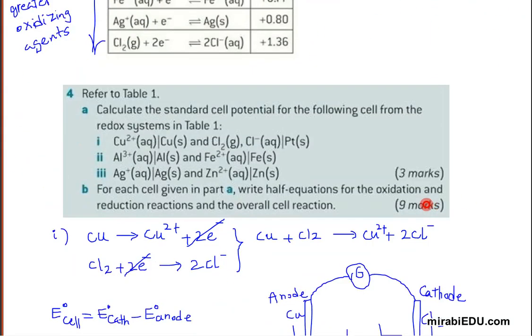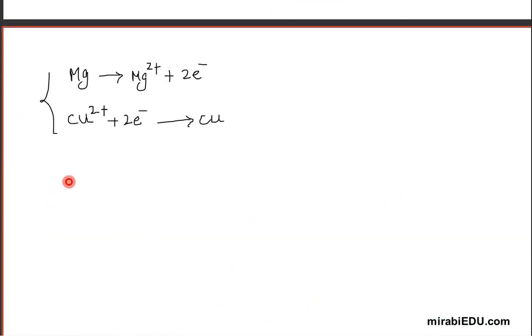Now, if we consider this single substitution reaction, for example, magnesium plus Cu2+ gives Mg2+ plus copper, and the question says, does this reaction take place? We say yes, because magnesium is willing to lose electrons to give to copper, and copper, in comparison with magnesium, is willing to gain electrons and be reduced.